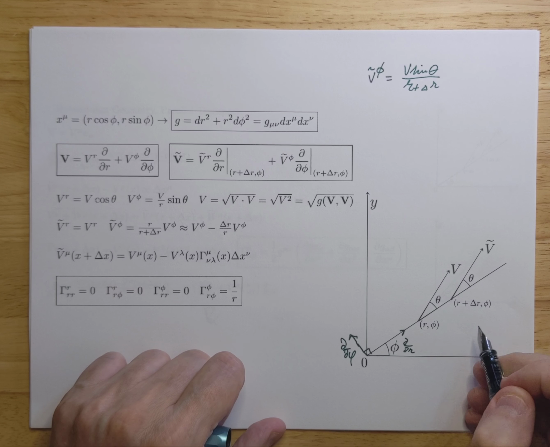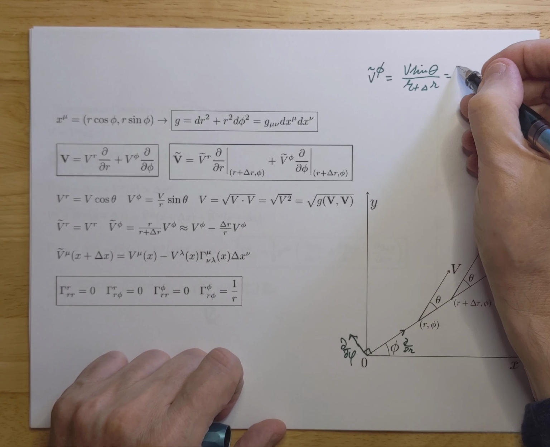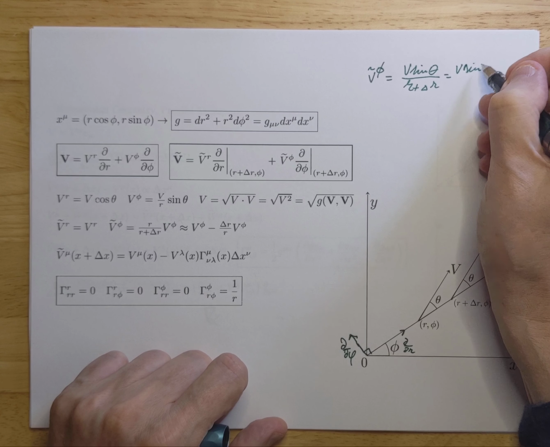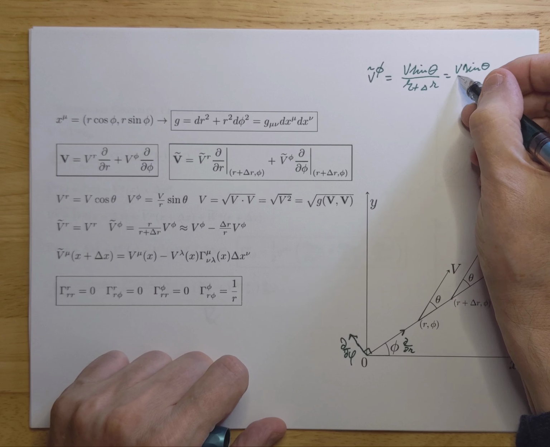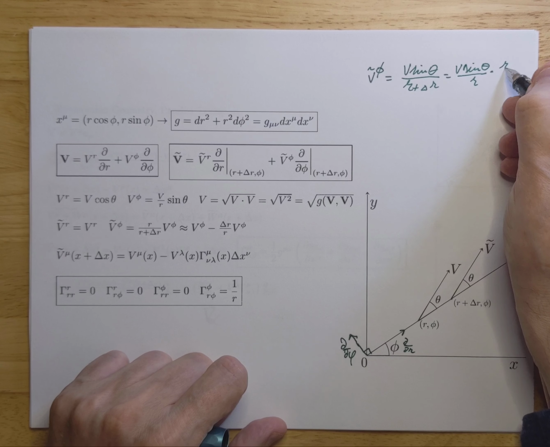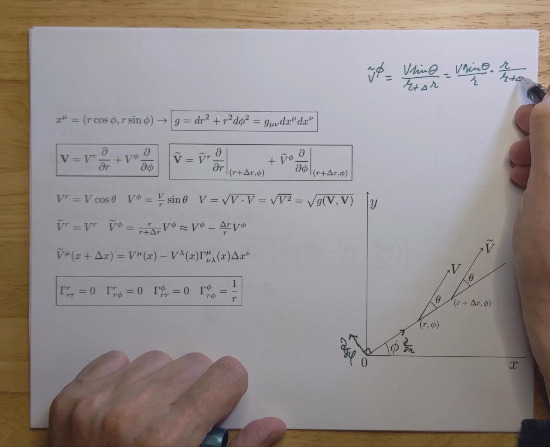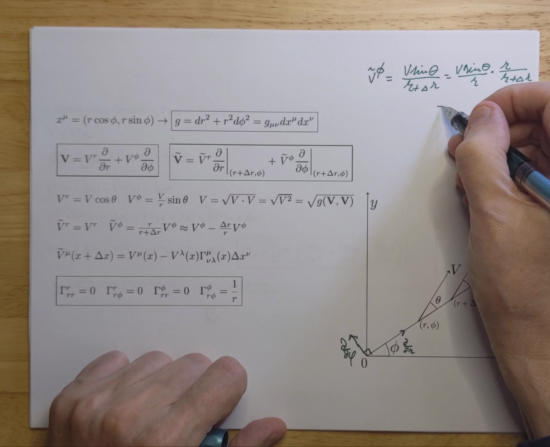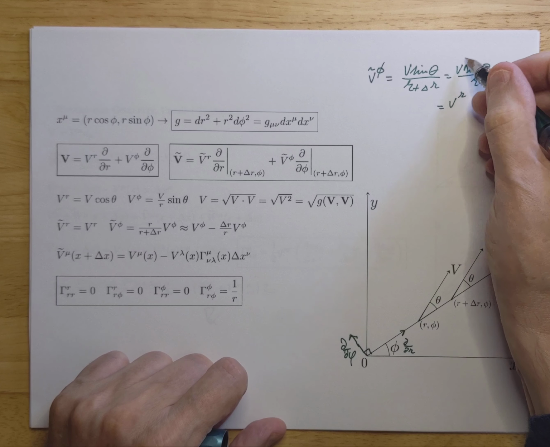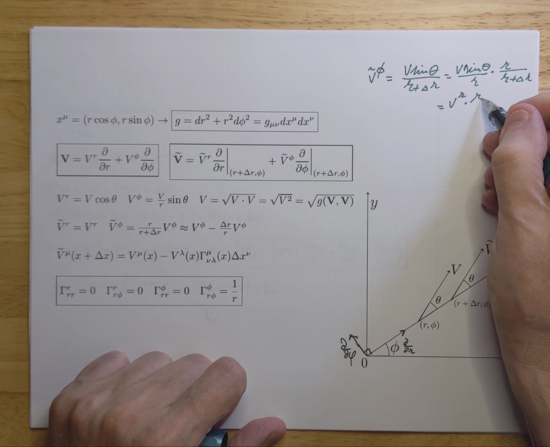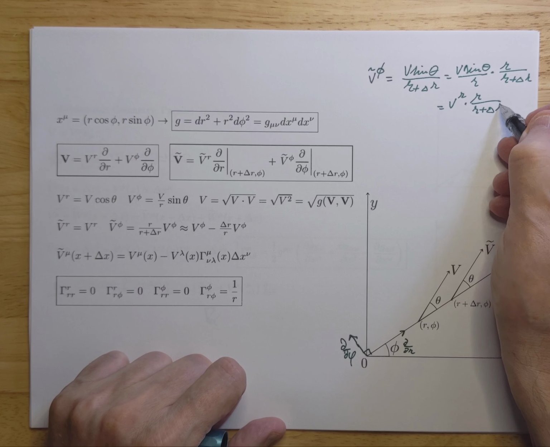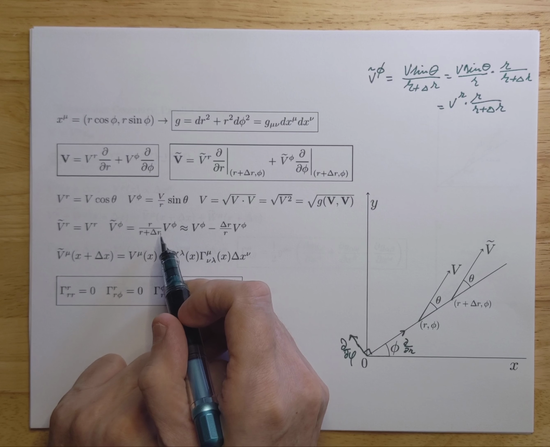So that's our new location. This is the same as V sine phi over r times r plus delta r. That's exactly the same, right? This is V^r, this piece, that's V^r times r plus delta r. And that's what we see there.